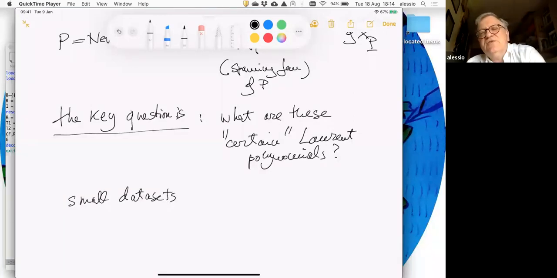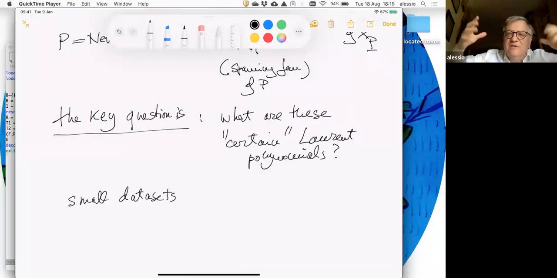So we're not so much interested in elucidating all of the enormous amount of structure that comes from mirror symmetry, but to describe the small data sets that somehow encode everything implicitly.